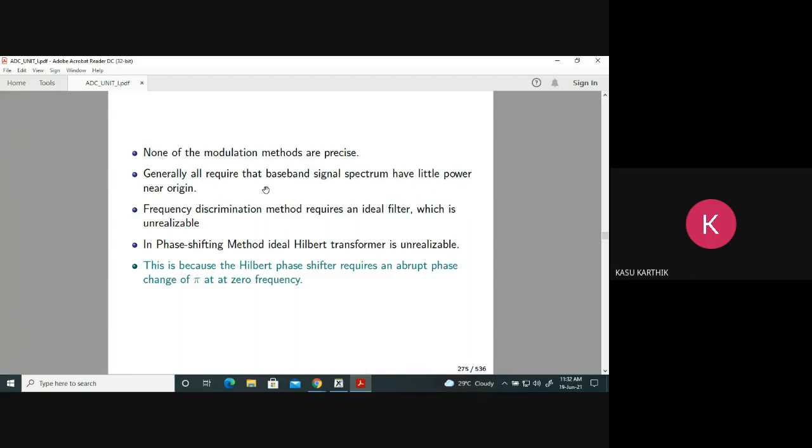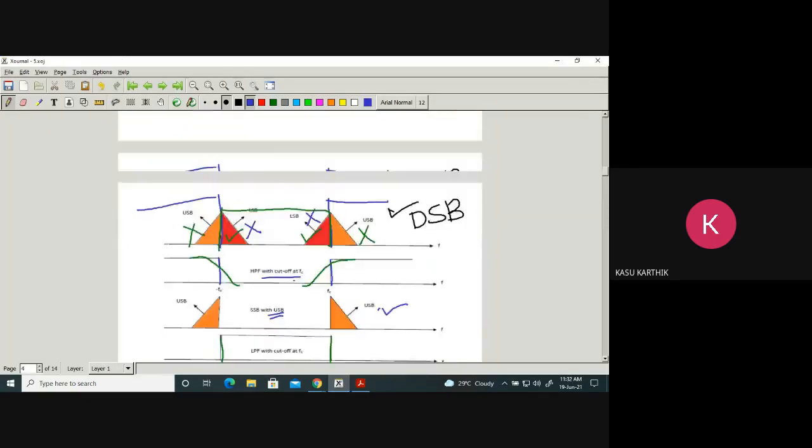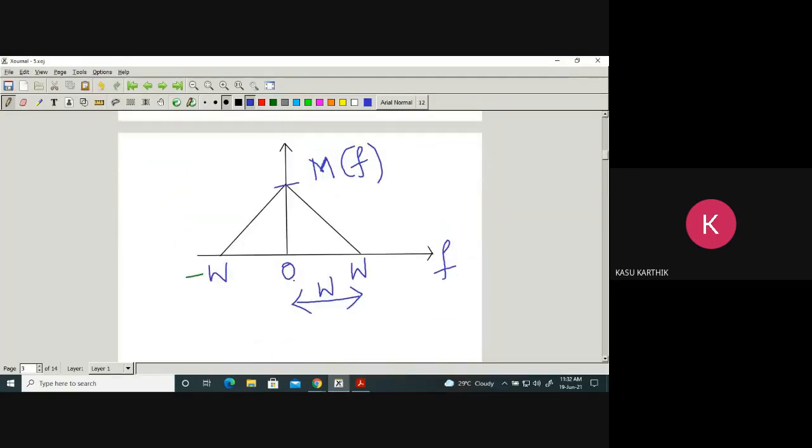If the baseband message signal spectrum has little power near origin. Okay, what does it mean? It means here I have taken this is the spectrum of my baseband signal. It has more power near origin, near zero frequency.